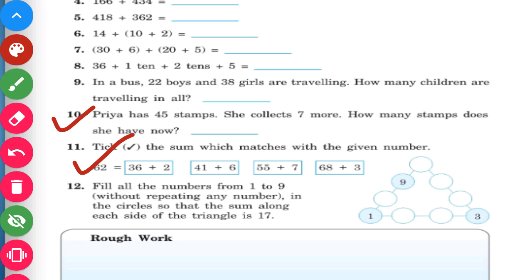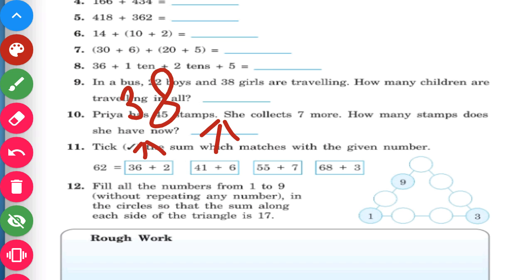Now 36 plus 2. Is it equal to 62? 36 plus 2 will give us 38 only. Now 41 plus 6.